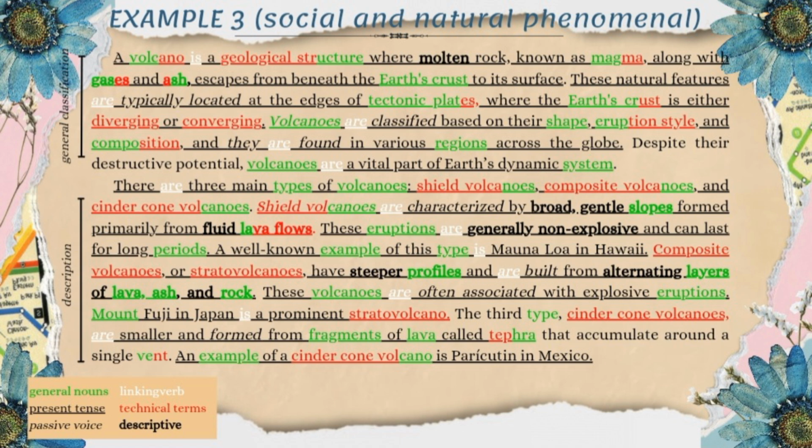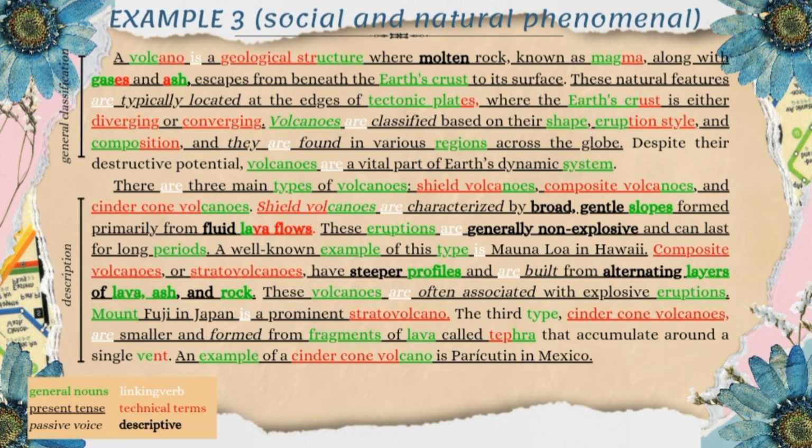Present tense is marked with underlined words like a volcano is a geological structure where molten rock known as magma, along with gases and ash, escapes from beneath the crust to its surface. Another example is there are three main types of volcanoes: shield volcanoes, composite volcanoes, and cinder cone volcanoes.